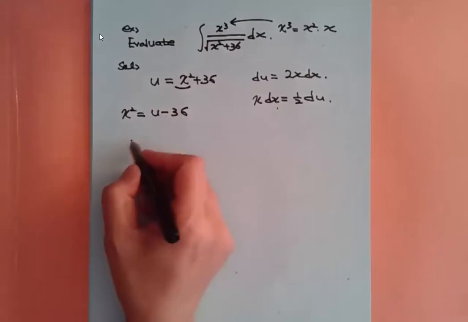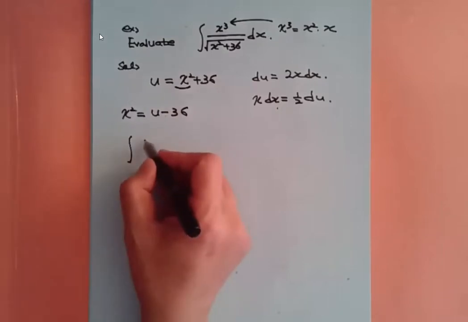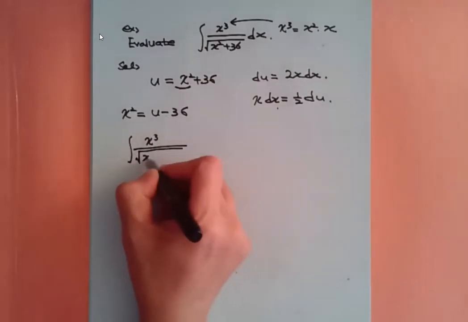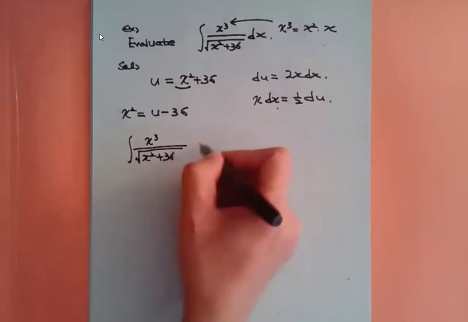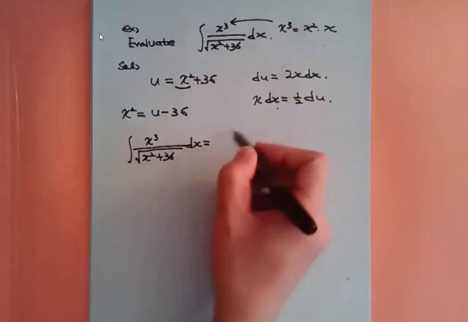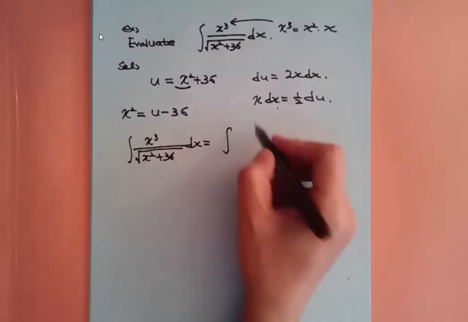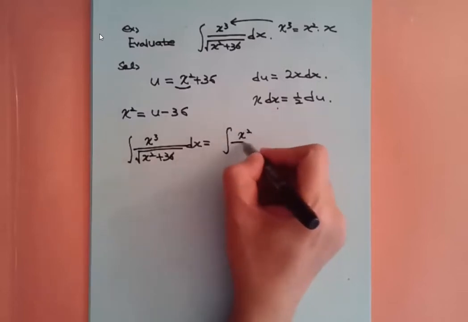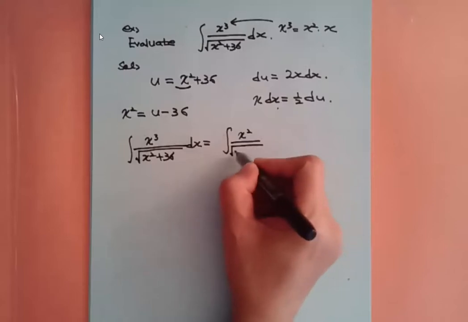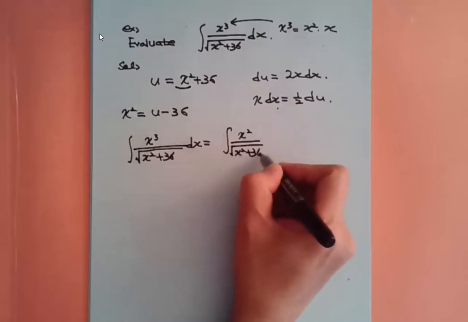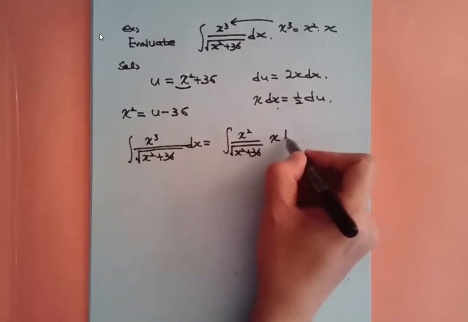So we will combine all of those. So integration x cubed over square root of x squared plus 36 dx equals integration, this is x squared over square root of x squared plus 36 times x dx, right?